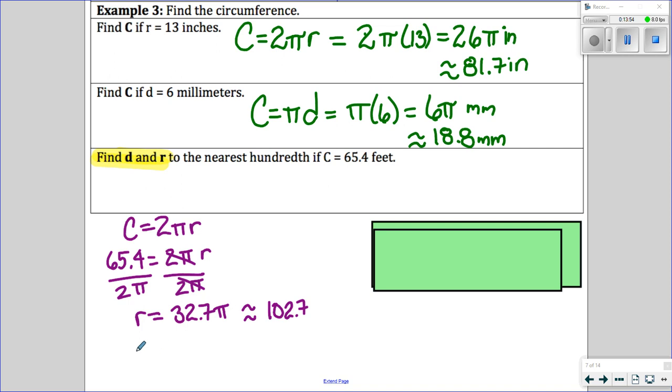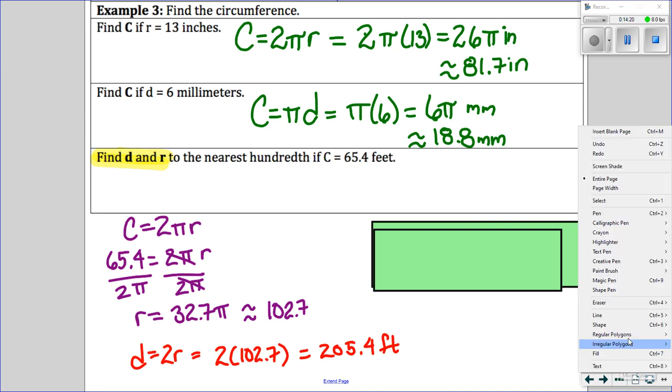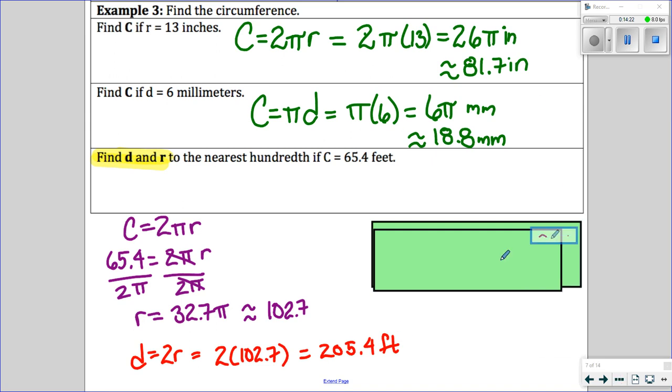I'm going to do d equals 2r, and that'll give me 2 times 102.7. I'm going to multiply that, and that'll give me 205.4 for the diameter. I'll put that in feet. And the other one should be in feet also, since they gave us a label.